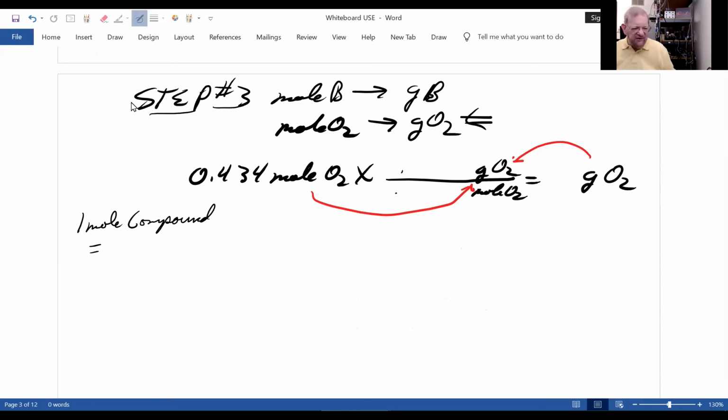Important information, test number 2 and the final: moles of a compound equals the molecular weight in grams of the compound, and the molecular weight in grams of a compound equals the sum of the atomic weights.